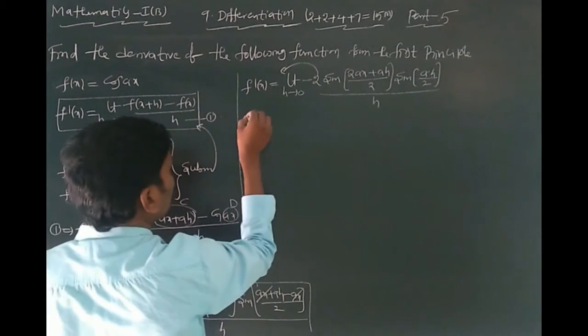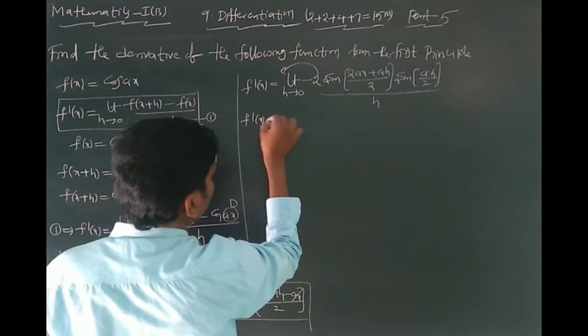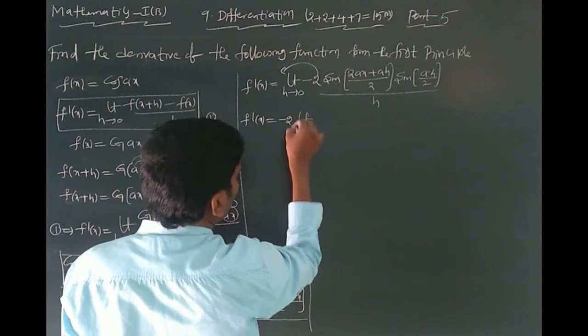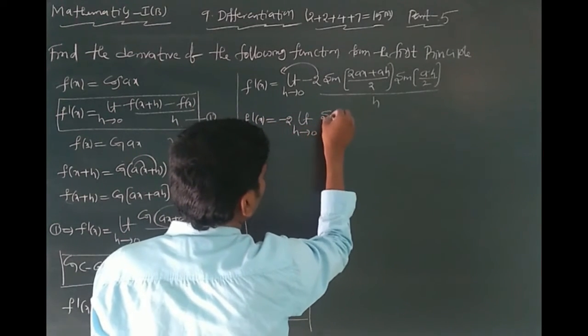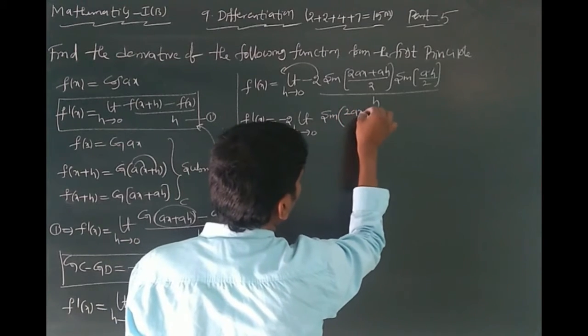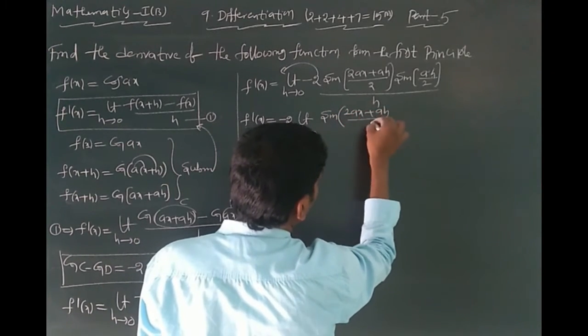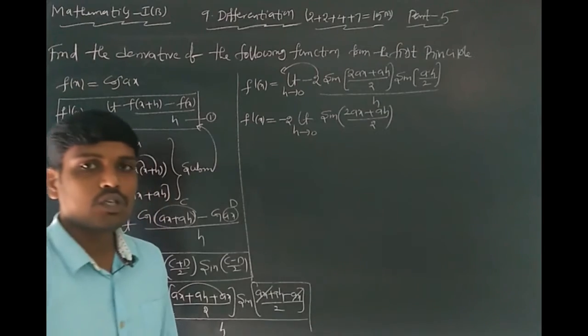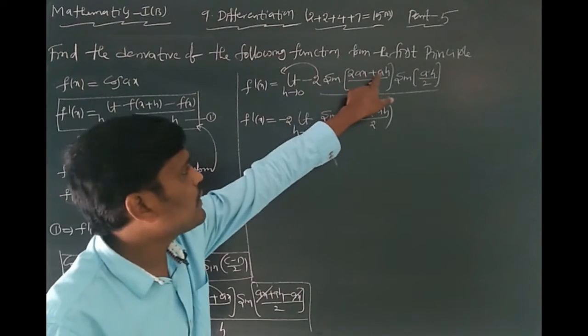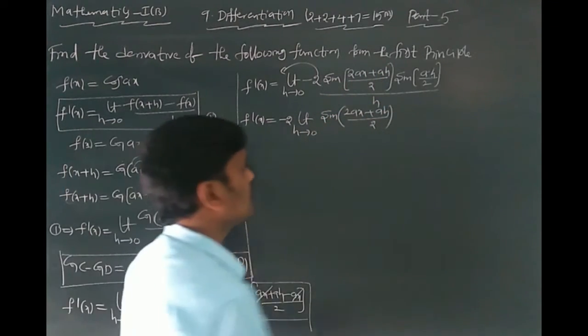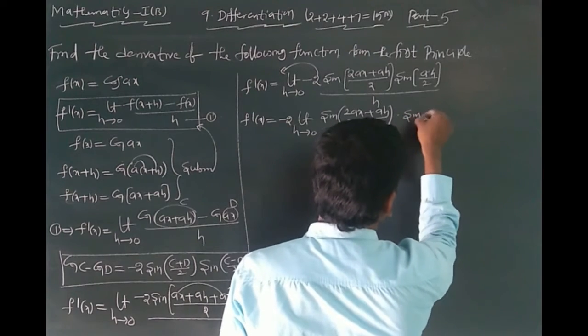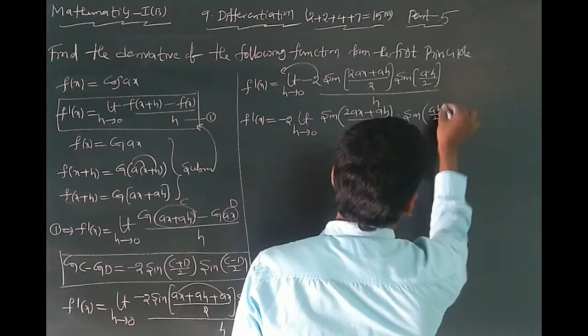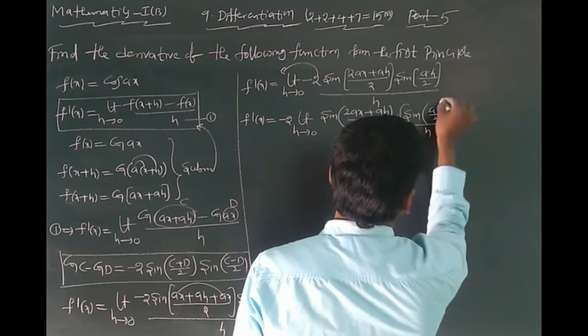Here minus 2 will come out. Remaining, f dash x is equal to minus 2 into limit h tends to 0: sine of (2ax plus ah) by 2 is one term. What is the second term? Sine of ah by 2 by h is the second term.